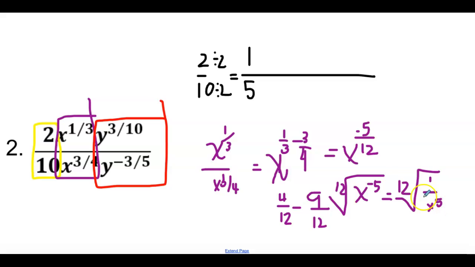Okay, well, the 12th root of 1 is just 1, so we can leave that 1 up there, and then on the bottom, I'll leave that 12th, and then put the x to the 5th in there. And then we'd have to do the same thing with our y value.